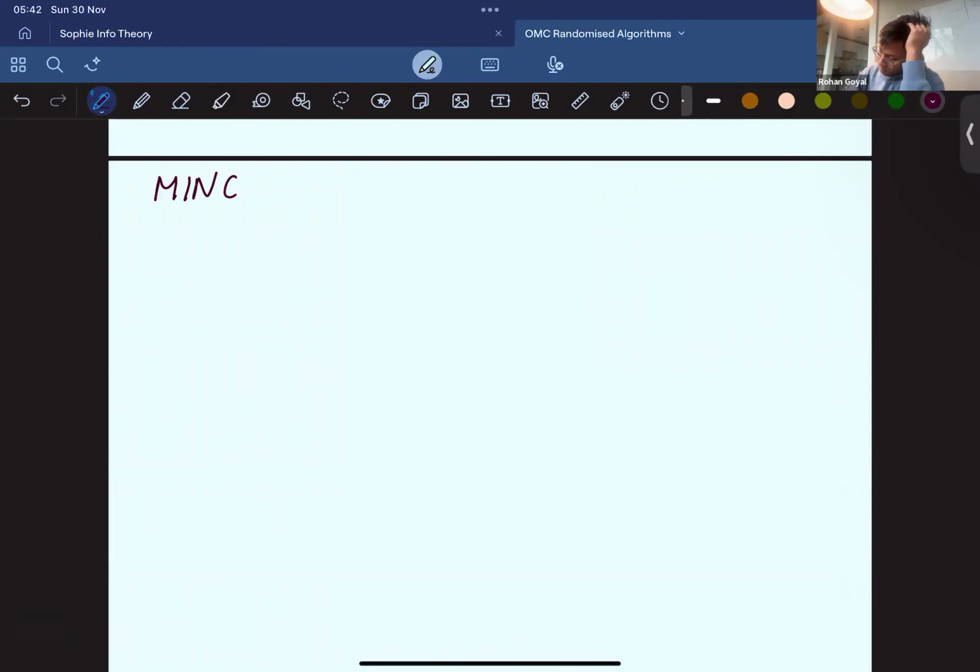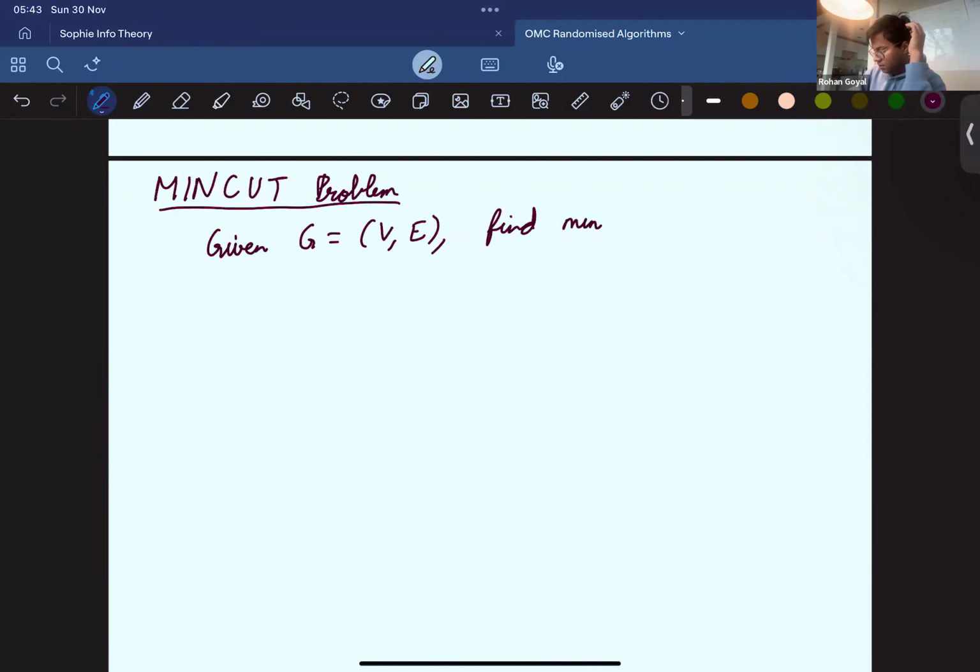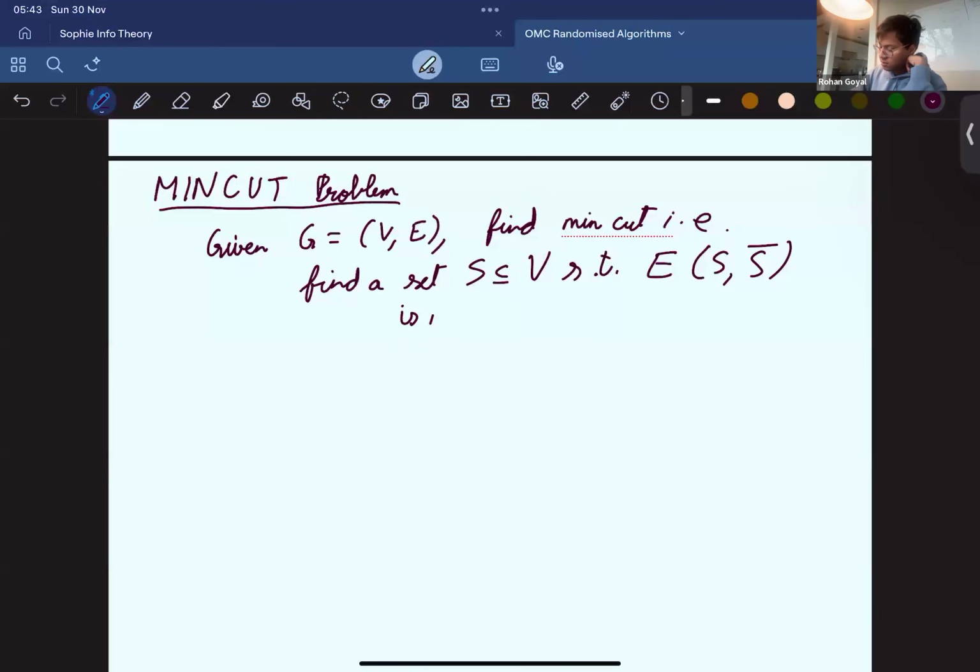Okay, good. So the min cut problem. The problem is: given a graph G, find a min cut, i.e. find a set S such that the number of edges going from S to S bar is minimized, and S is not V and S is not empty.